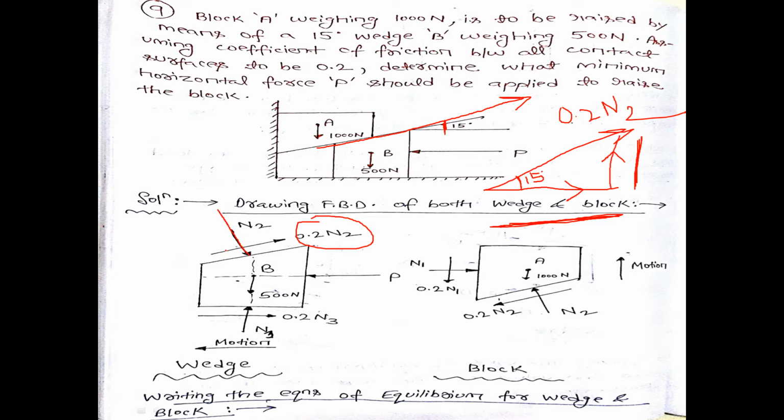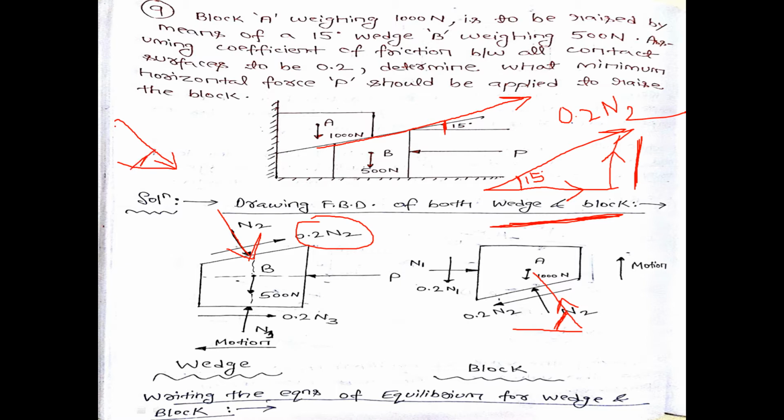Now this is your N2 for this wedge. For the previous case, that is for block A, this was that same N2, and this angle was 75 degree. Now for this case, N2 is like this. Again this angle will be 75 degree.